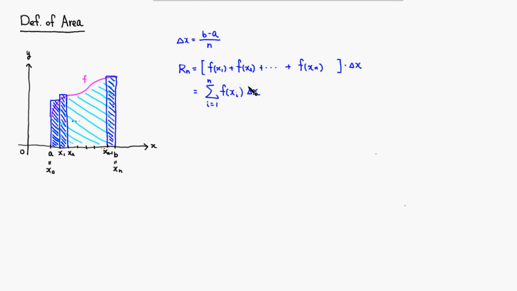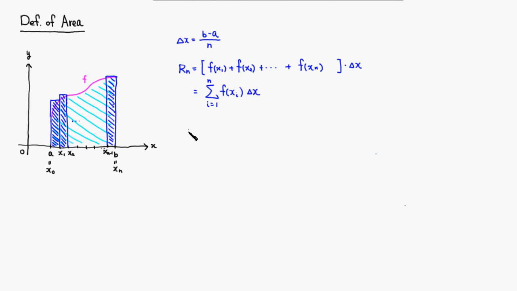Then we can define area by doing this. Remember that the bigger the n is, the better the approximation. So bigger the better, which means I'm going to send n to positive infinity. That's the best we can do.